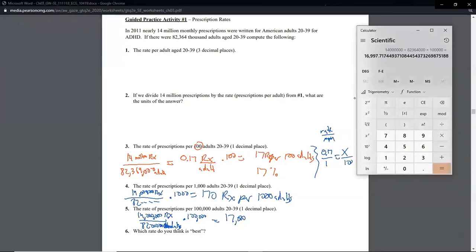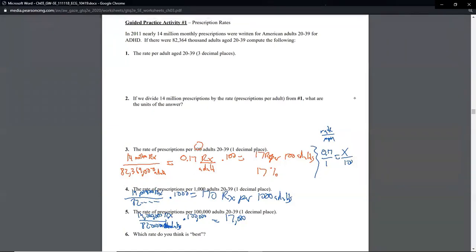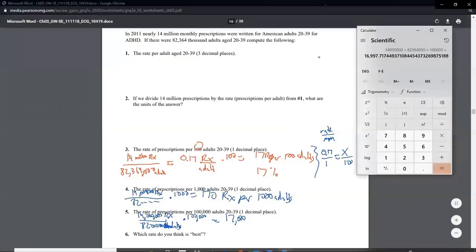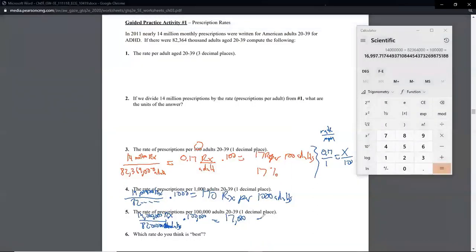So it's 16,997.7. Oops, what happened there? Oh. So a more accurate answer is 16,997.7, and that would be prescriptions per 100,000 adults.